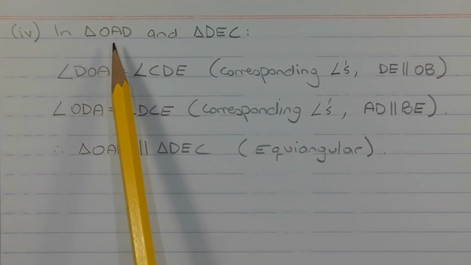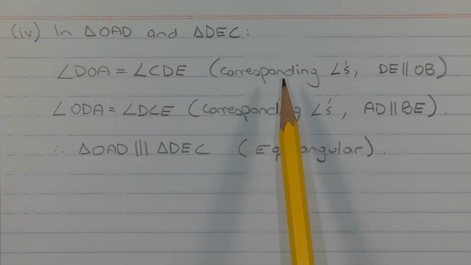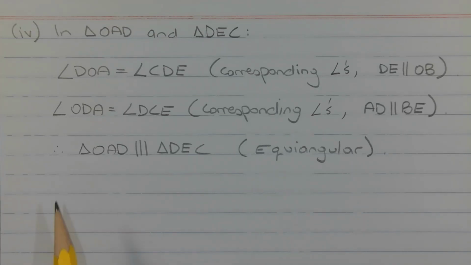In triangle OAD and triangle DEC, angle DOA is equal to angle CDE, and the reason is corresponding angles, DE is parallel to OB. Angle ODA is equal to angle DCE, and the reason is corresponding angles, AD is parallel to BE. Therefore, triangle OAD is similar to triangle DEC, and the reason is equiangular.